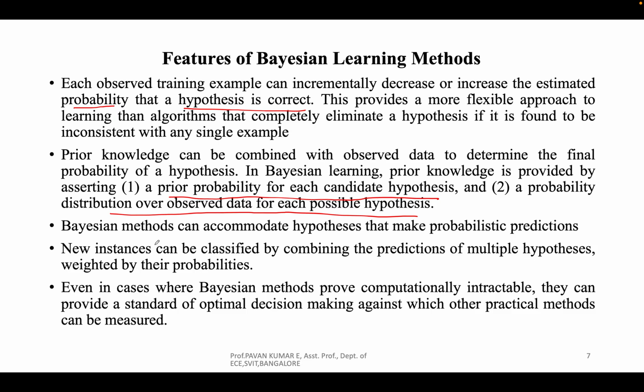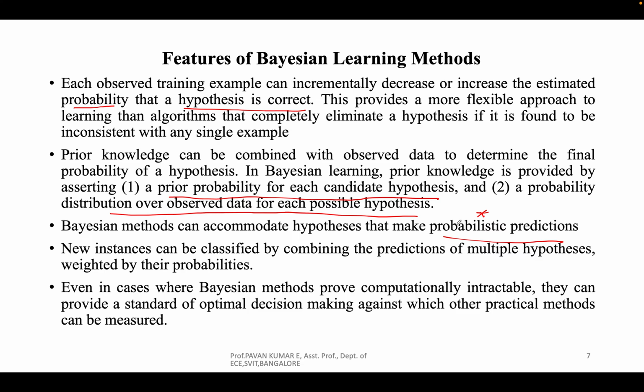A Bayesian method can accommodate hypotheses that make probabilistic predictions. So one thing to keep in mind is that probability prediction can be done with the Bayesian method.